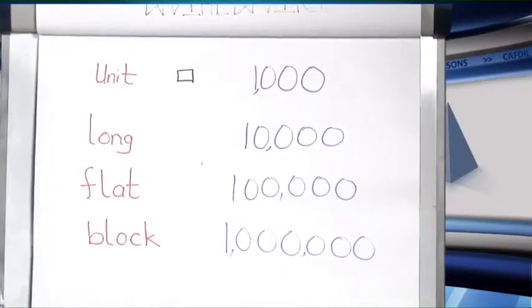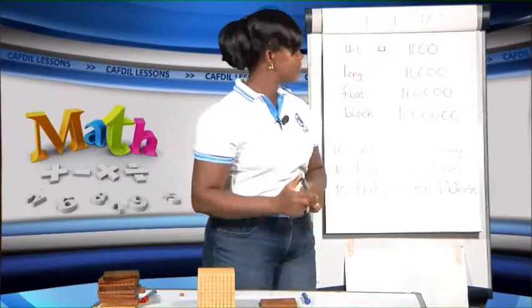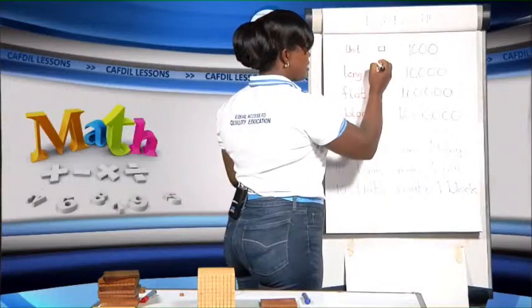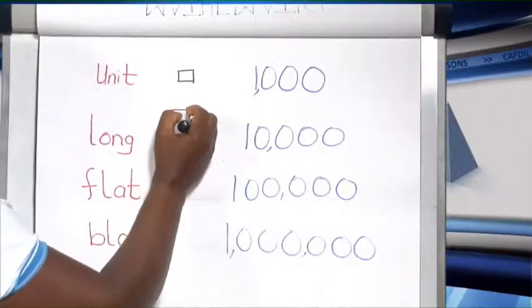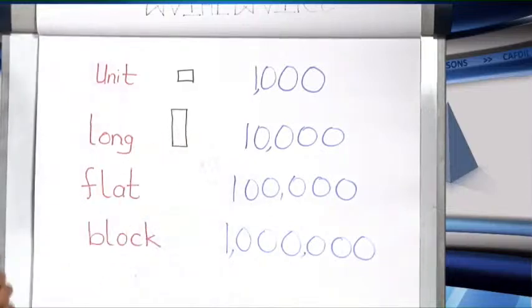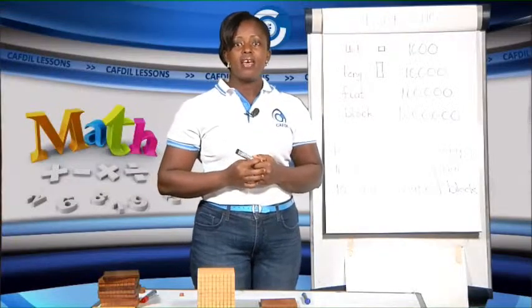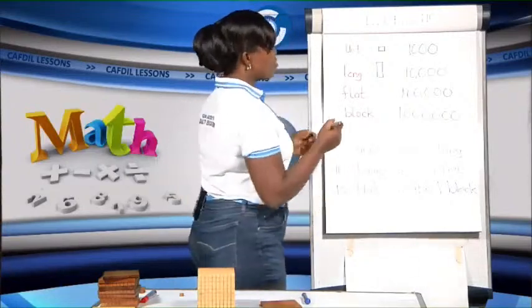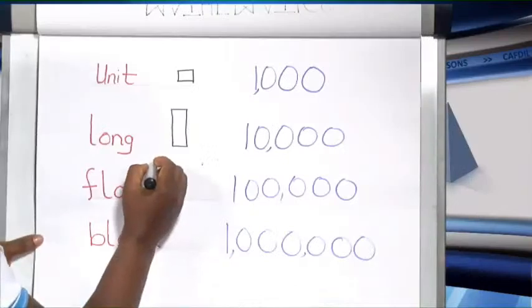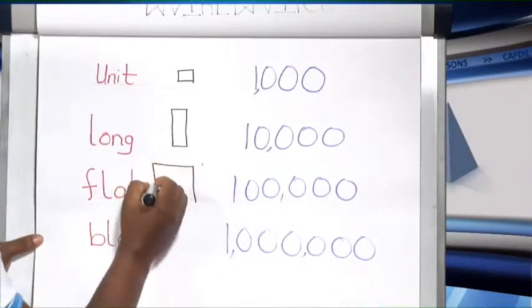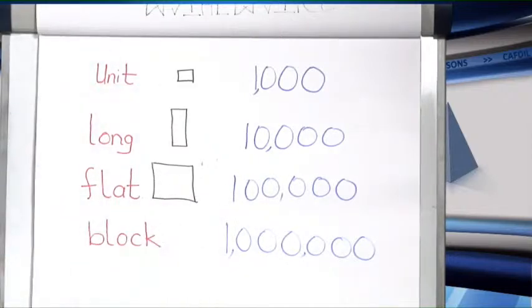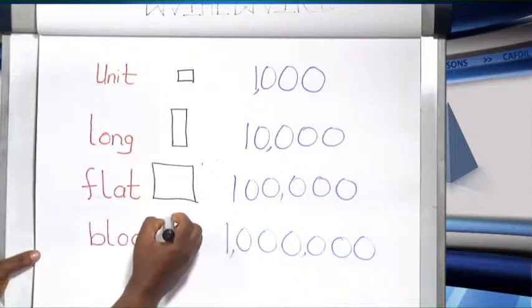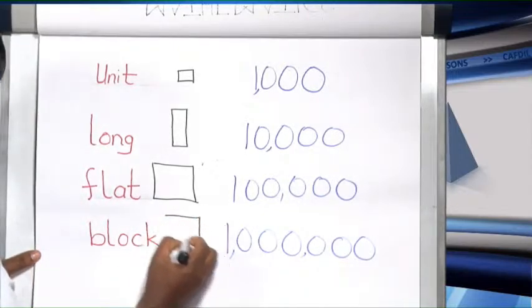Our long, we can represent as this. And the flat, we can represent as this. And our block, we can represent as this.